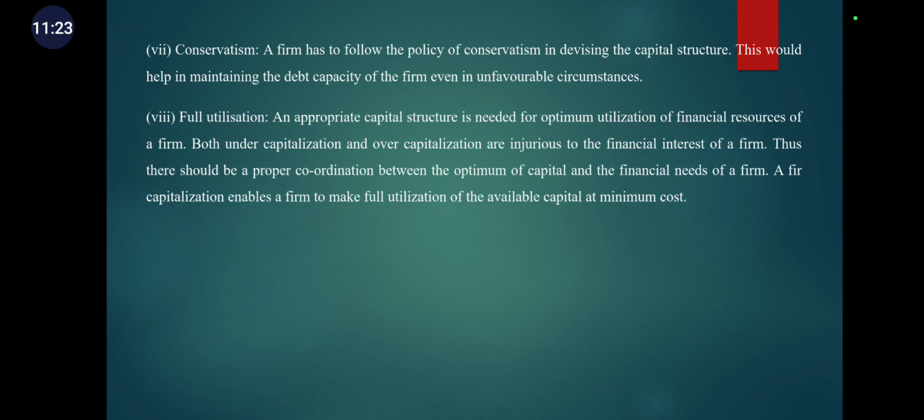And the seventh one is full utilization. When you are fixing this optimum capital structure, it ensures the utilization of your financial resources. You are getting a loan from the financial institutions, and you are going for more debt at 7% or 12%. If you are going for more and more debt, you have to use it.